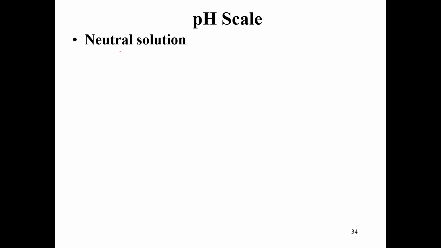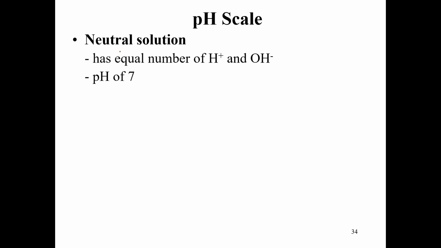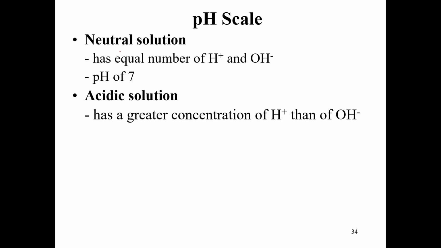When we say it is a neutral solution, it has an equal number of hydrogen and hydroxide ions. It has a pH of 7, while an acidic solution has a greater number of hydrogen ions compared to the hydroxide ions. The pH is less than 7.